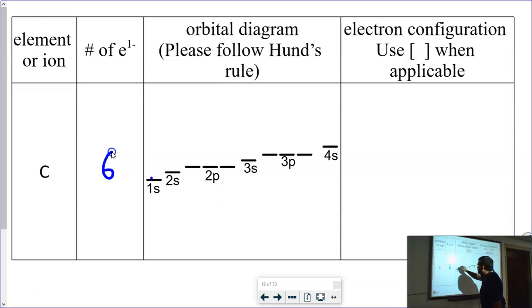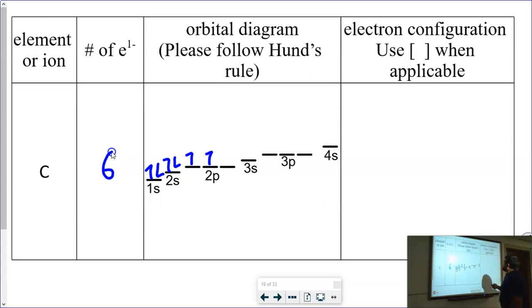That's the 1s orbital. The next 2 would be elements 3 and 4, which are also in the s block, just a row down, so that's 2s. My last 2 are going to enter the 2p orbitals. I have 3 orbitals, all the same energy, so I just need to split these up. It doesn't really matter which orbitals they go in, but reading left to right is how I approach it. There is your orbital diagram for carbon.